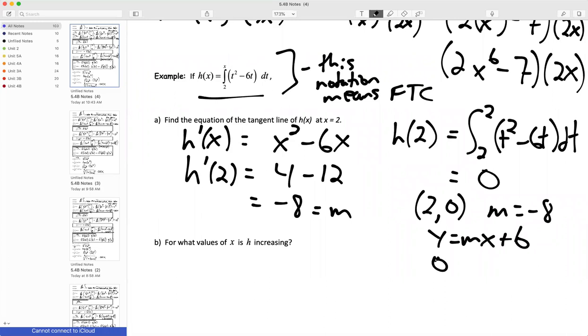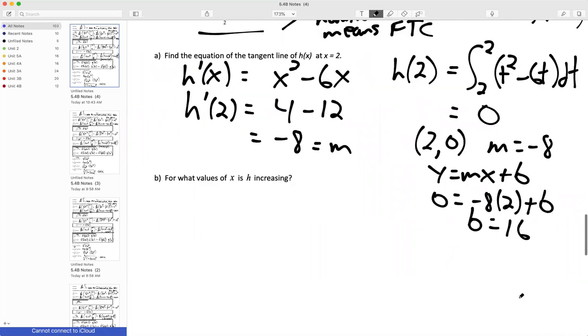So b is equal to positive 16. So my equation of the line is y equals negative 8x plus 16. Yeah, that's fine. If that wasn't 0, then you would have to solve.